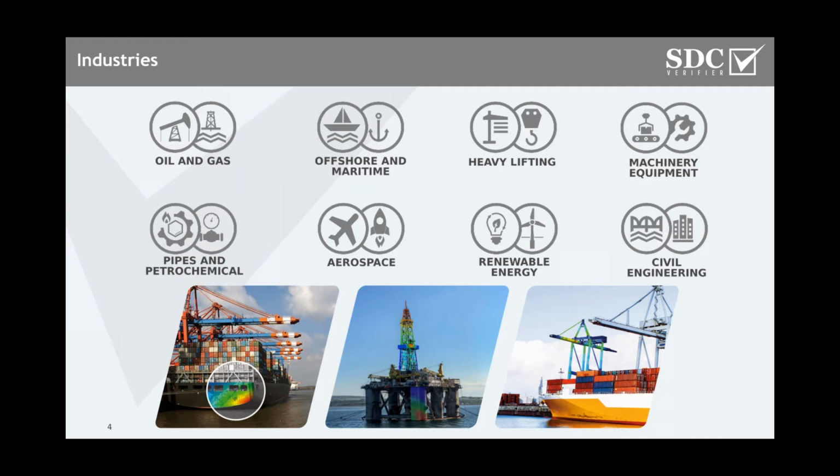These are highly regulated industries, where to build and to put the structure into operation, you have to comply with a certain set of rules: oil and gas, offshore and maritime, heavy lifting, machinery, aerospace, renewable energy, civil engineering, basically any industry where structural design is involved and a certain failure mode check has to be performed.